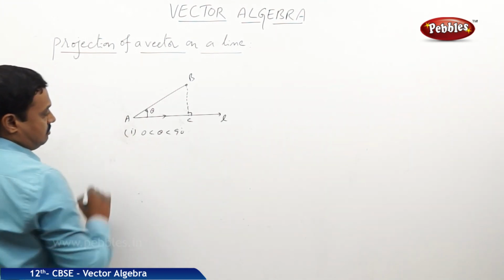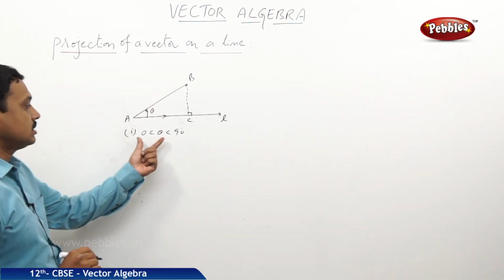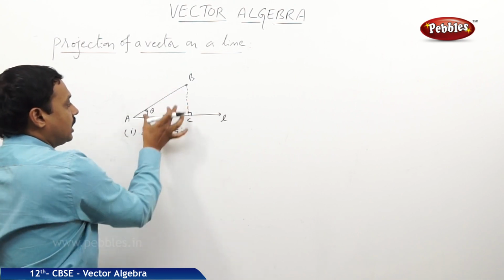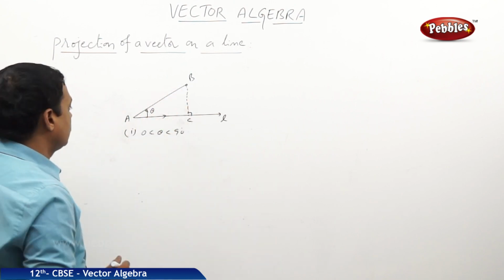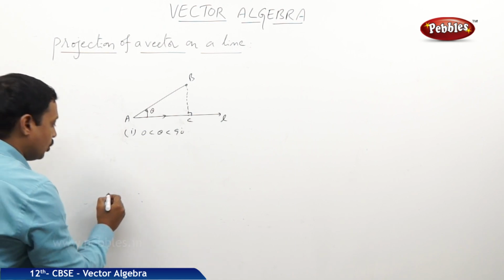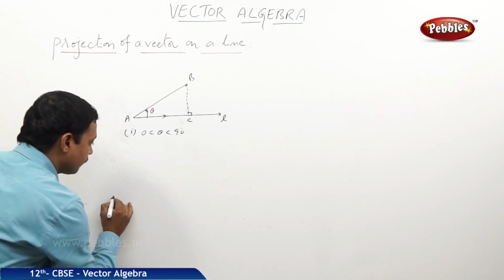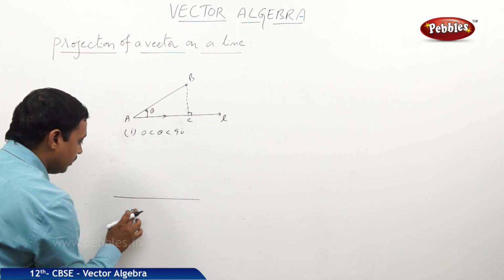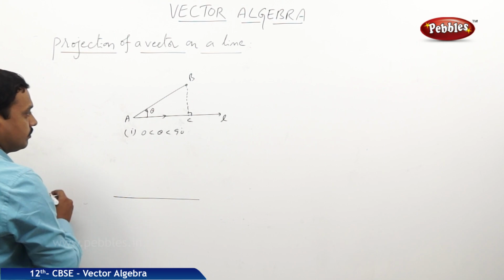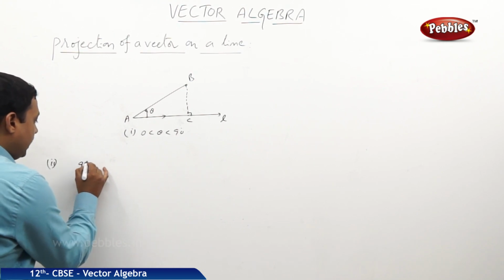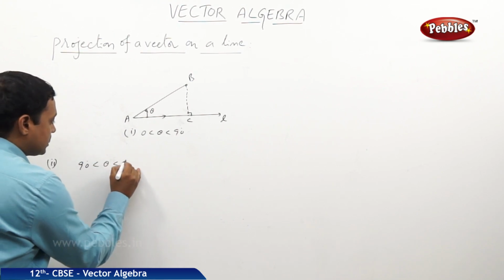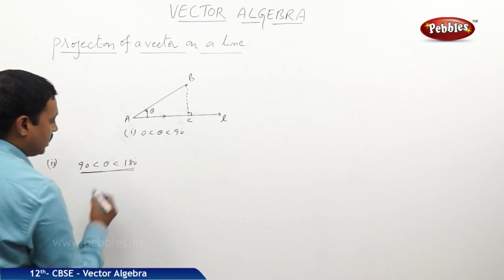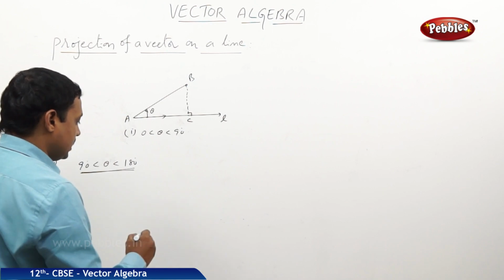This is the first case. Second case, suppose 90 degrees less than theta less than 180 degrees, theta is more than 90 degrees.